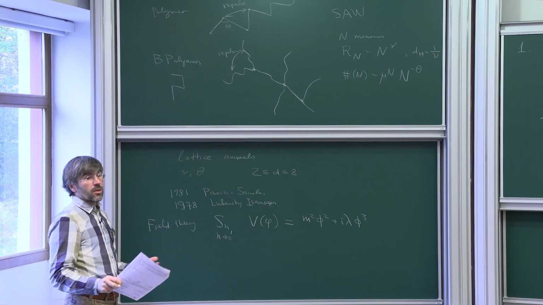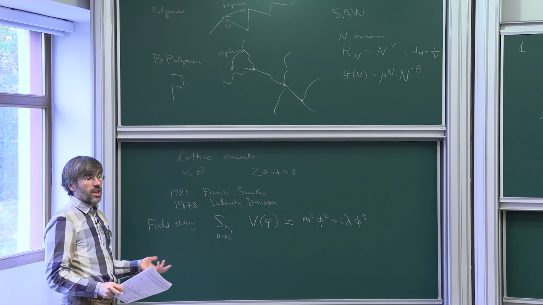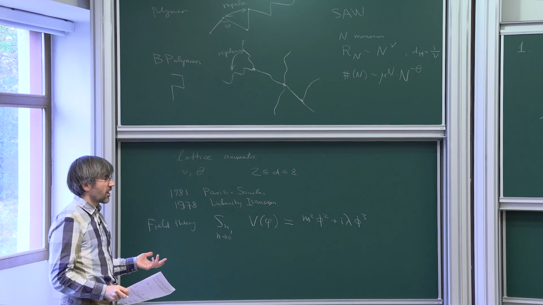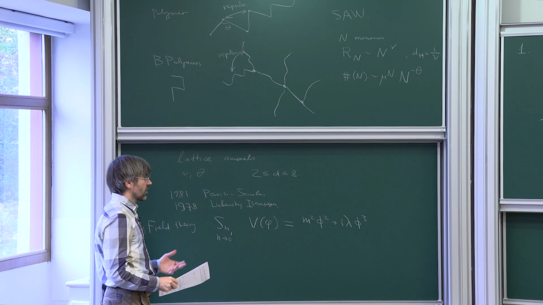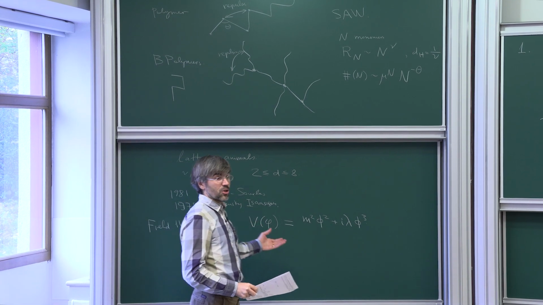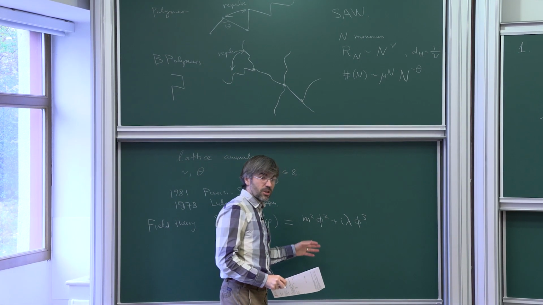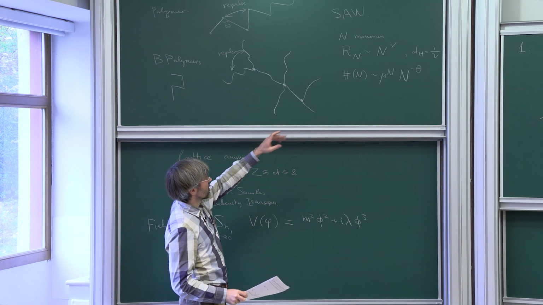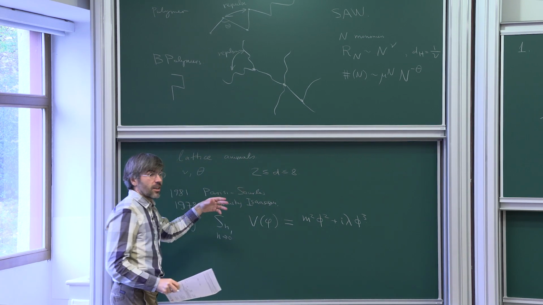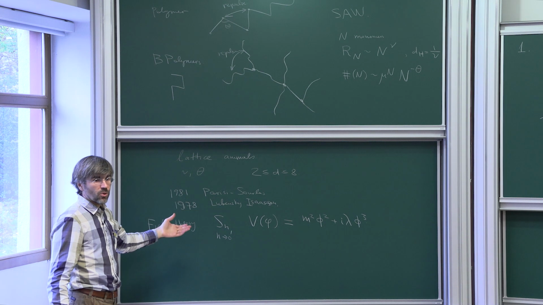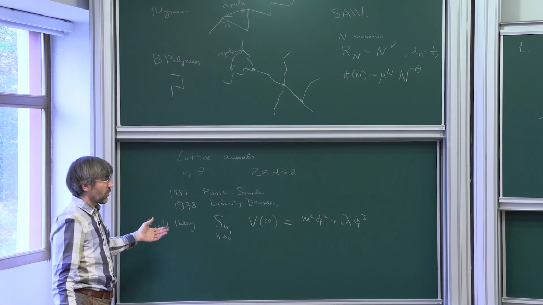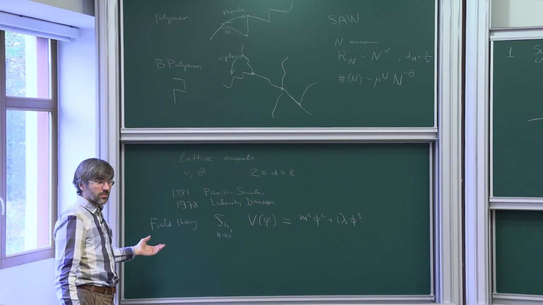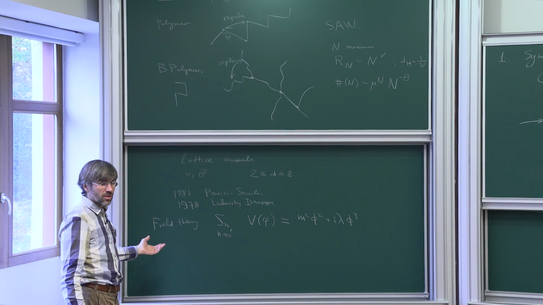And based on this map, using the same bag of tricks that we discussed in the second lecture, they made a prediction that also branched polymers should show dimensional reduction. That the critical exponents for the branched polymers, nu and theta, have to be equal to the critical exponents of another field theory model in d minus 2 dimensions.